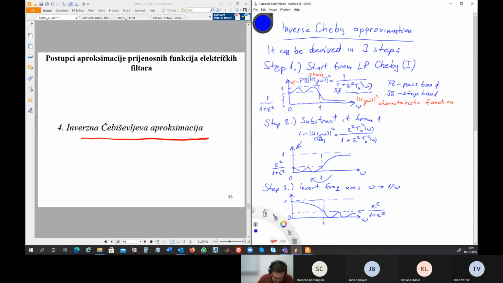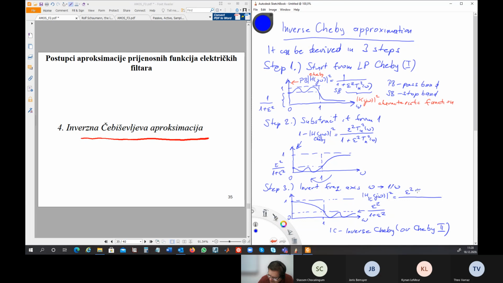This is called ICC. IC means inverse Chebyshev, or somebody calls it Chebyshev type 2 of J omega. Of course, everything is squared, and it looks like this.